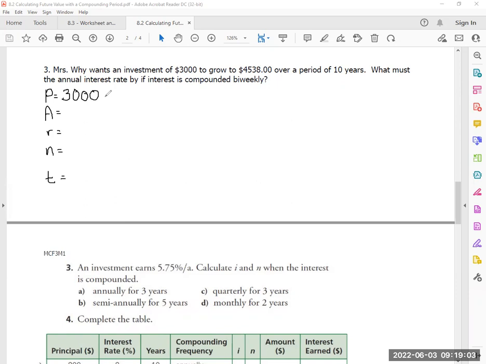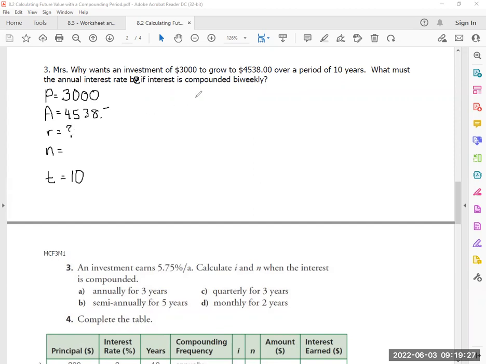What's my future amount or final amount? 4,538. Time is 10 years. What must the annual interest rate be? So I don't know what the R is.